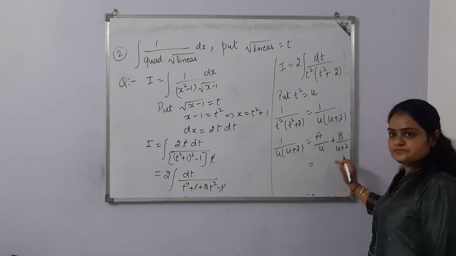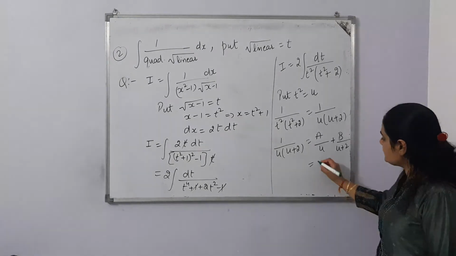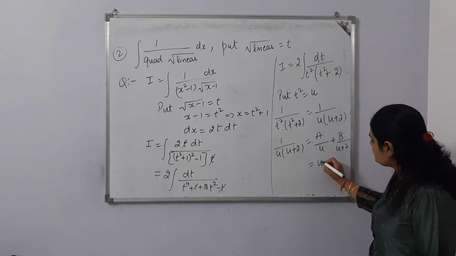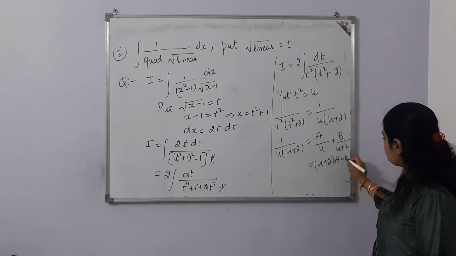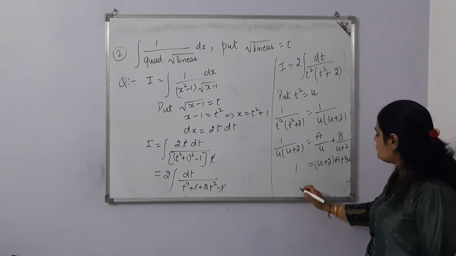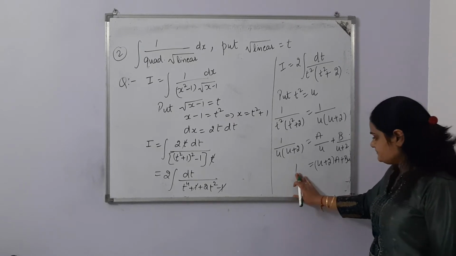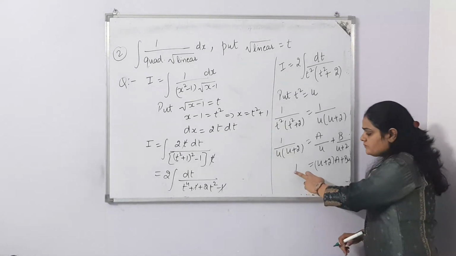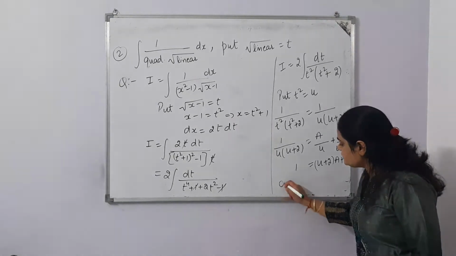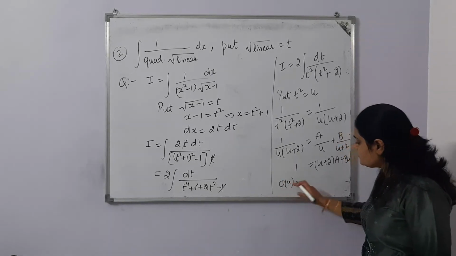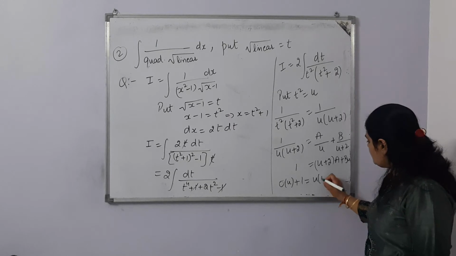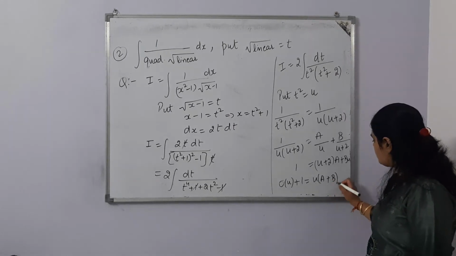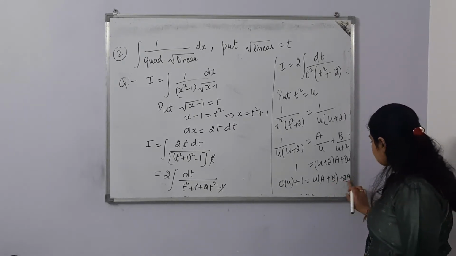After taking the LCM, we get (u plus 2) into a plus bu is equal to 1. Here we don't have any coefficient of u on the right, so we take 0 into u plus 1, and here we have u into (a plus b) plus 2a.